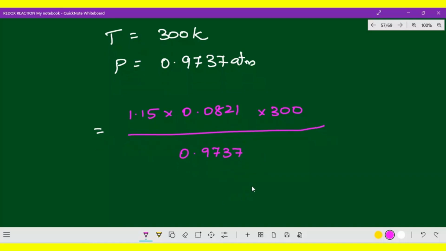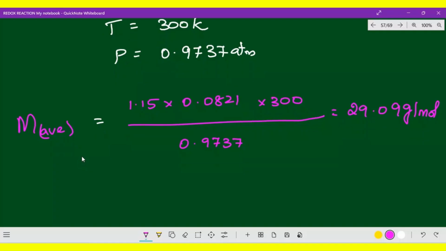When you calculate all this, you will get around 29.09 gram per mole. Why did I mention gram per mole? Because this is the average molar mass.